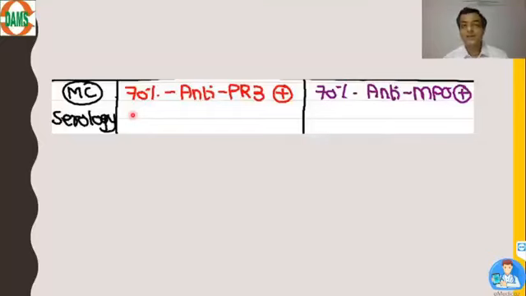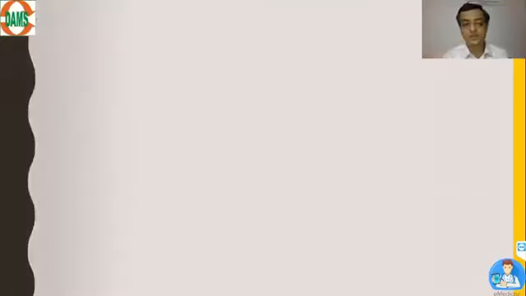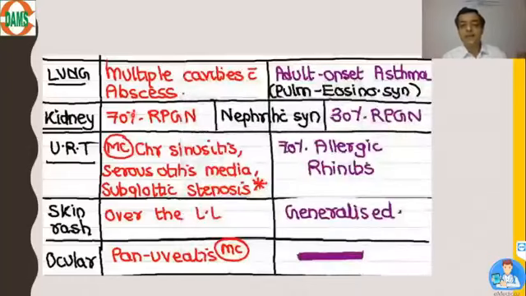After clinical suspicion should be there. In summary, when the patient has hemoptysis, kidney failure, along with other organ involvement like the upper respiratory tract, skin rash, or uveitis, think of vasculitis.